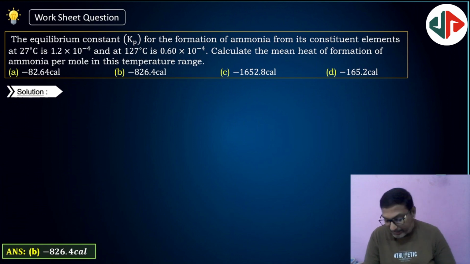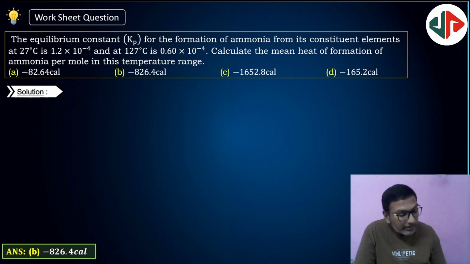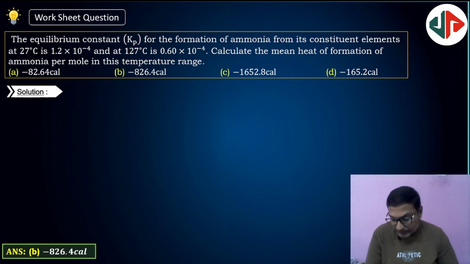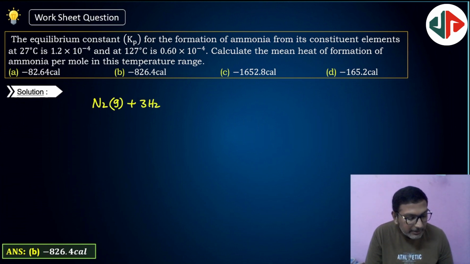Equilibrium constant Kp for formation of ammonia. Calculate the mean heat of formation of ammonia per molecule. So N2 gas plus 3H2 gas reversible with 2NH3 gas.